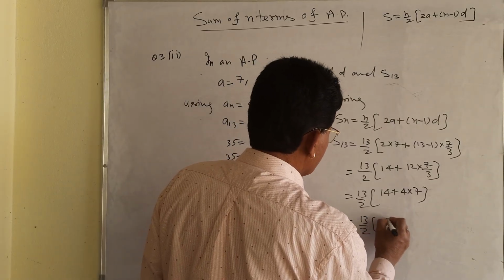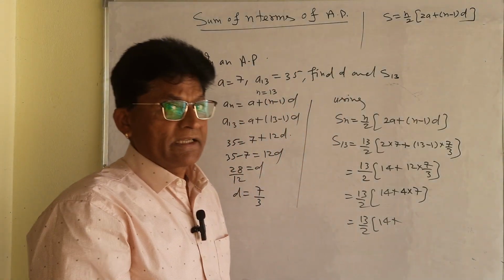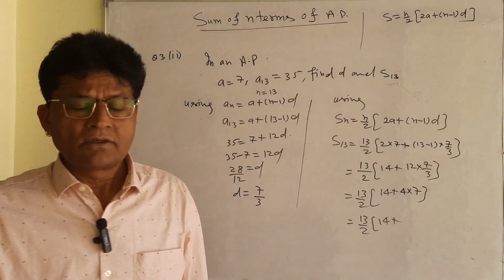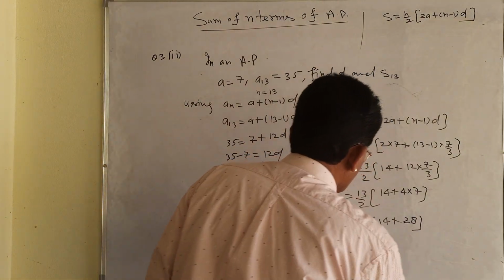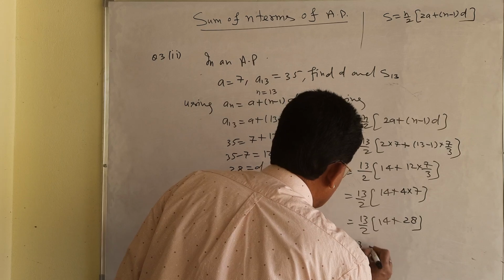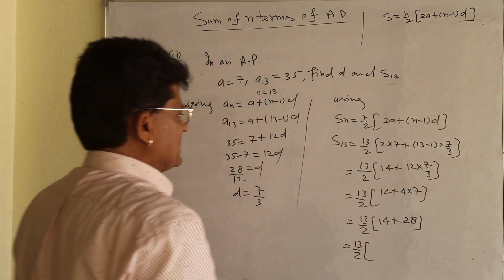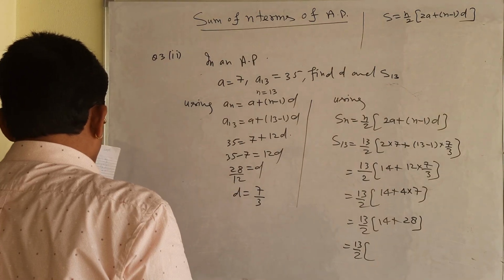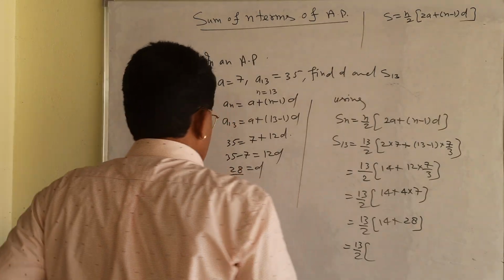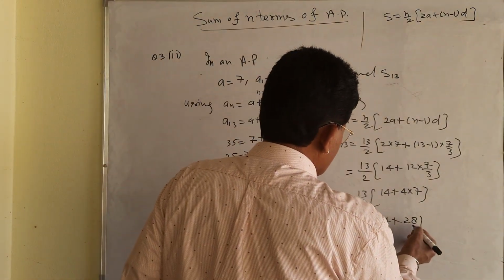13 by 2, 14 plus, multiply 7 by 4, 28. Okay, 13 by 2, 14 plus 28. You see, 14 plus 28, that will be how much? 42.